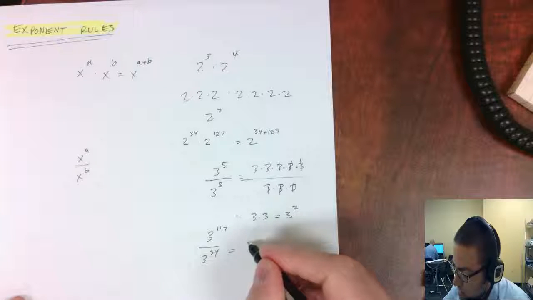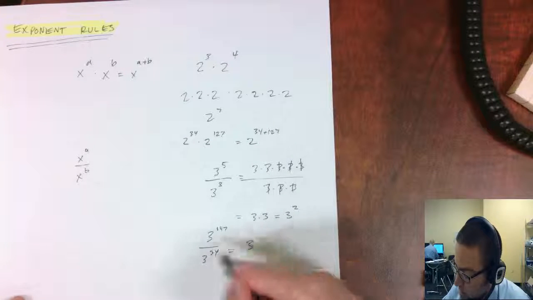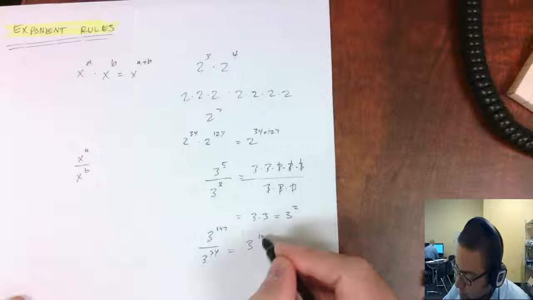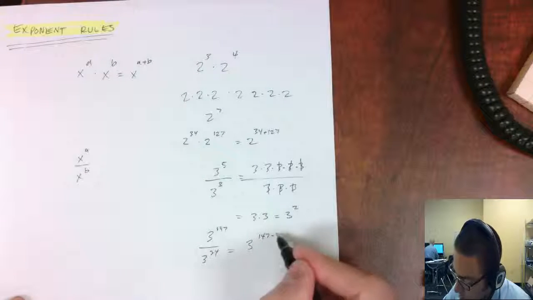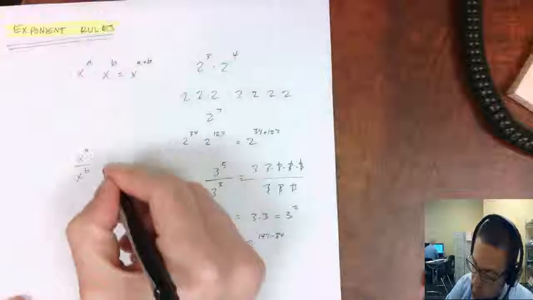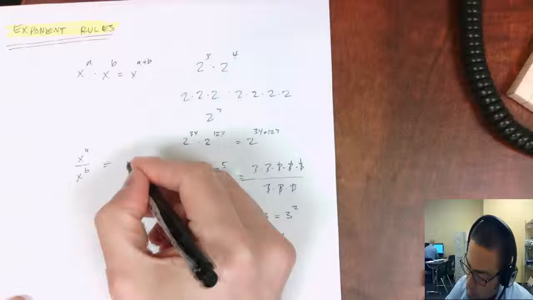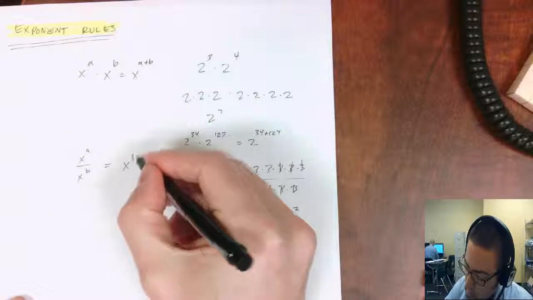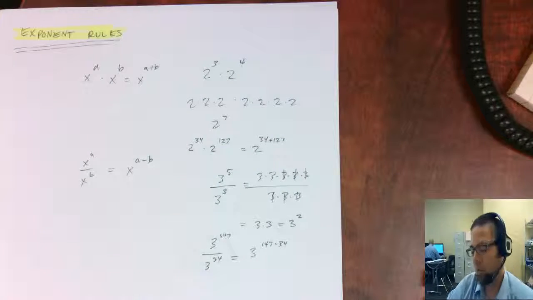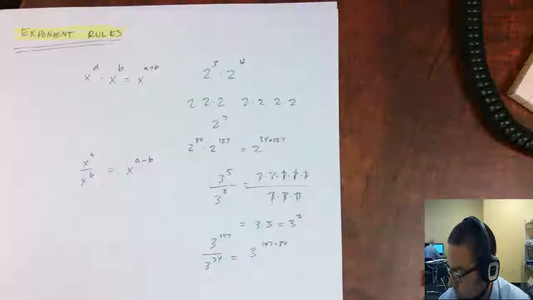So it's basically going to be 147, and I'm going to take away 34 of the ones on top, so it's going to be minus 34. So you can make this rule that x to the a over x to the b is the same as x to the a minus b. Okay, so those are the rules that we'll use for now.